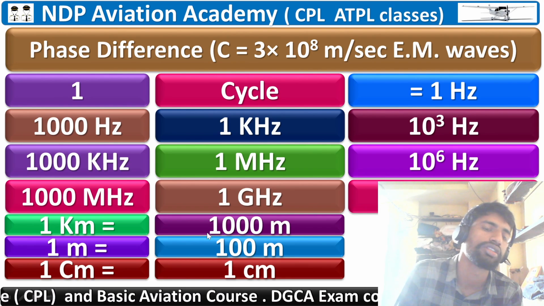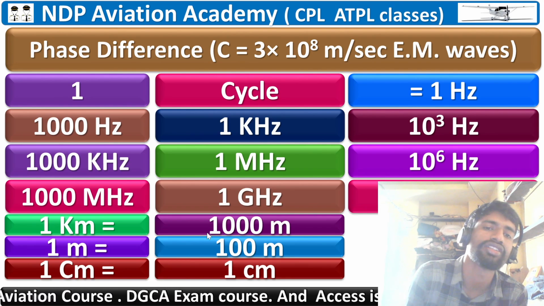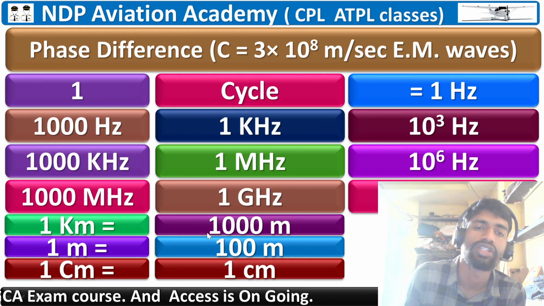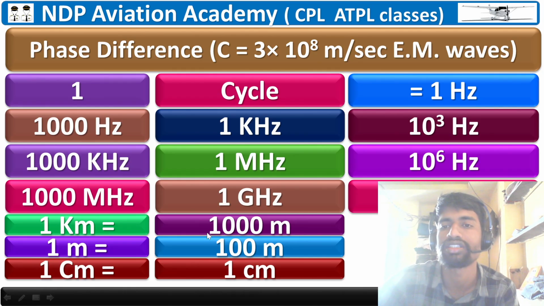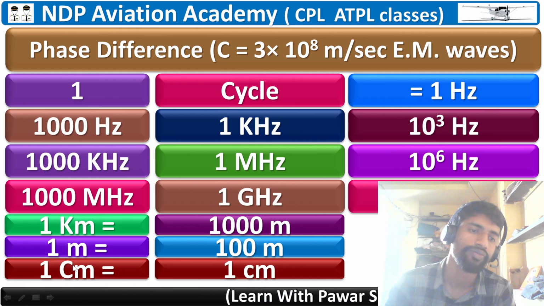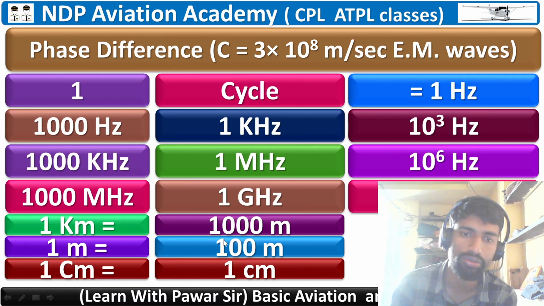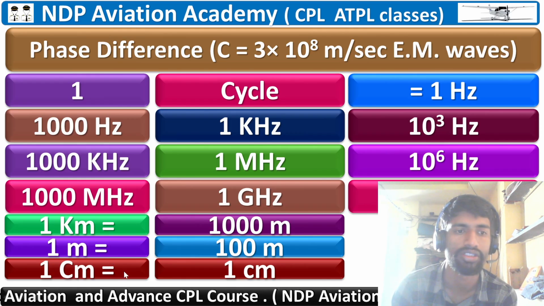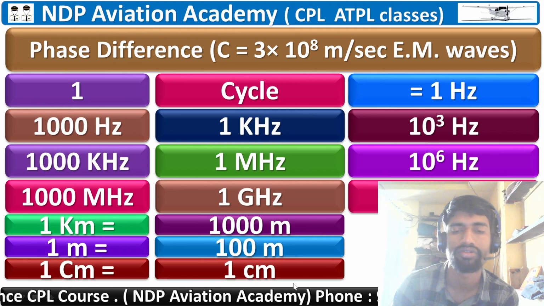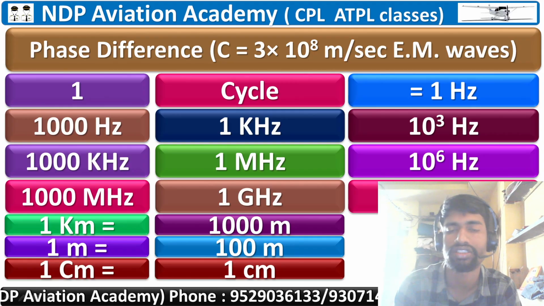When 1000 megahertz are completed, we say 1 gigahertz, 10 to the power 9 hertz. So 1 kilometer equals 1000 meters, 1 meter equals 100 centimeters. I hope you understand, guys, all of you.